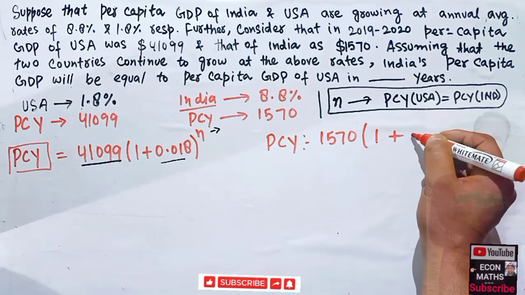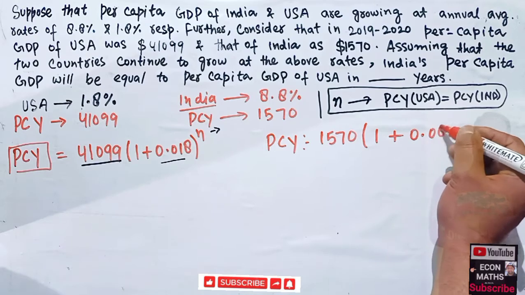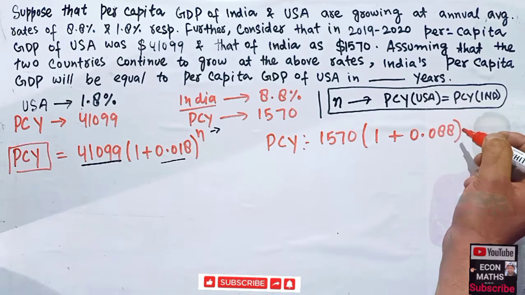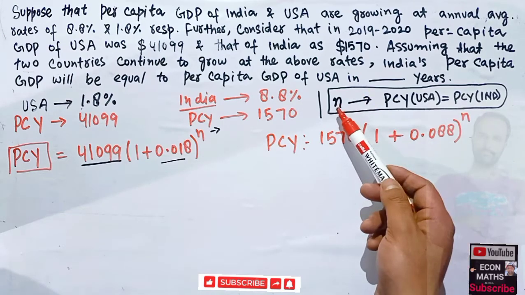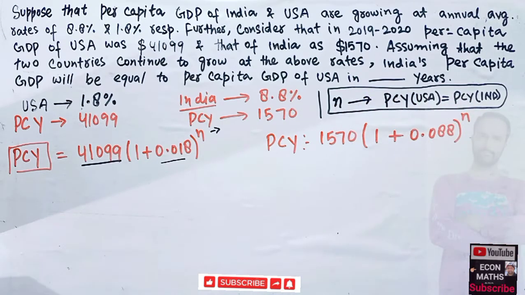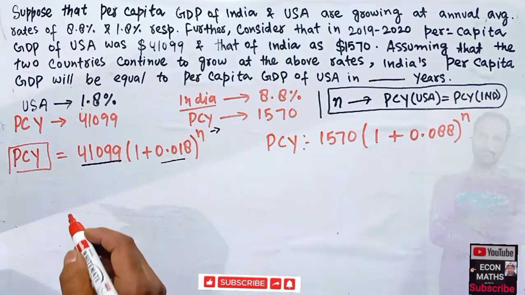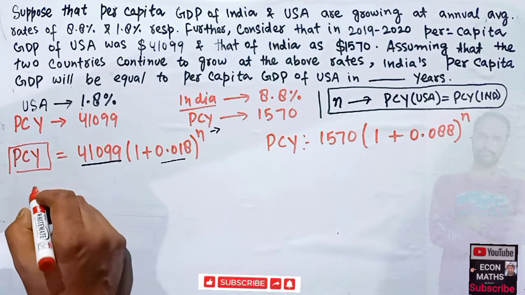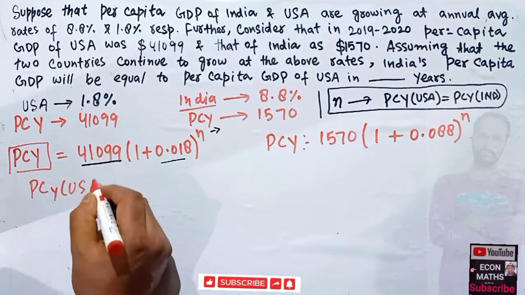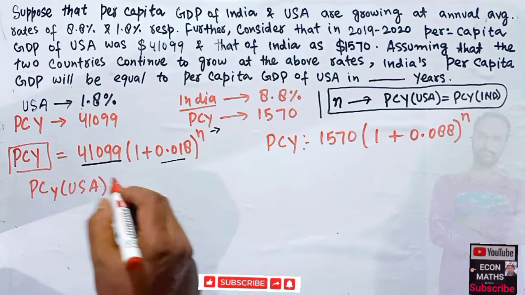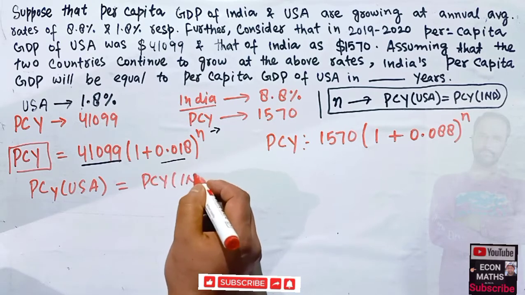In terms of decimals, this will be 0.088, raised to the power n. We are assuming that after n years their per capita income will be equal, that means we can just equate these two equations. Per capita income of USA after n years will be equal to per capita income of India.